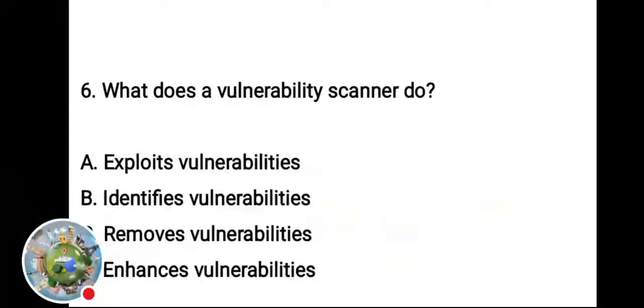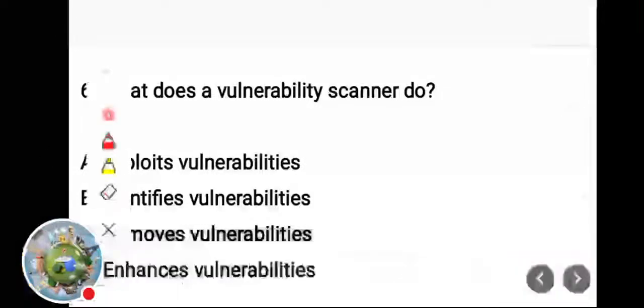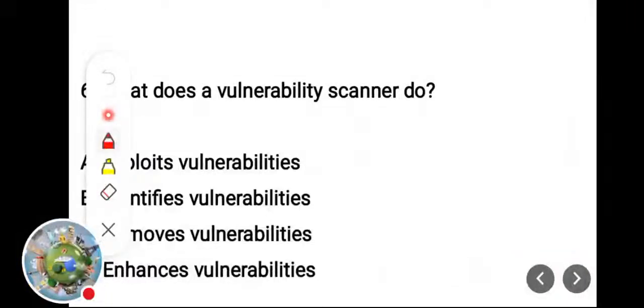Question number 6. What does a vulnerability scan do? Option A, exploits vulnerability. Option B, identifies vulnerability. Option C, removes vulnerability. Option D, enhances vulnerabilities.